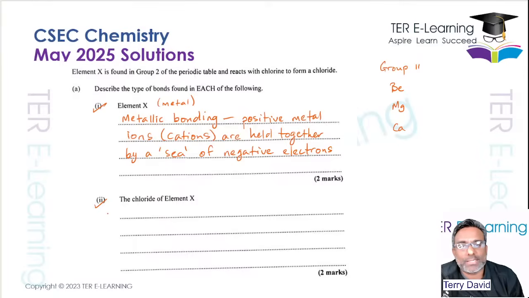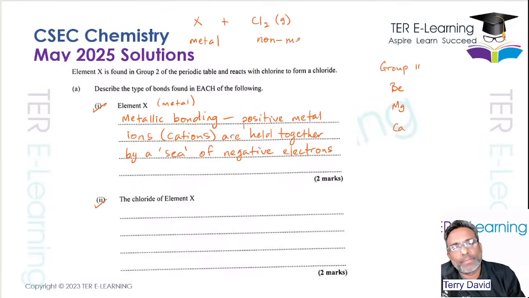Now they ask us about the chloride. If you take element X and react that with chlorine, chlorine is a gas. Element X here is a metal, and this chlorine gas is a non-metal. If you take a metal and a non-metal and react them, you're going to get ionic bonding. So you're going to have ionic bonding present.